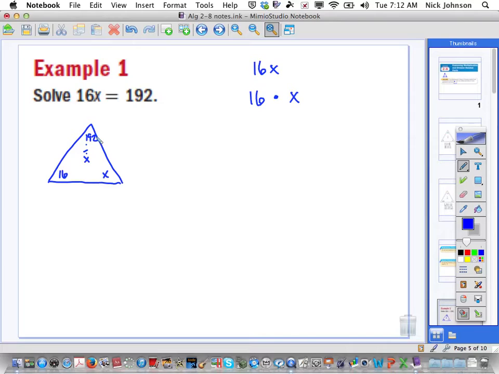So, to do this problem, as you can see, to find x, I have to take 192 and divide it by 16. And that's going to equal my x. Well, 192 divided by 16 equals 12.